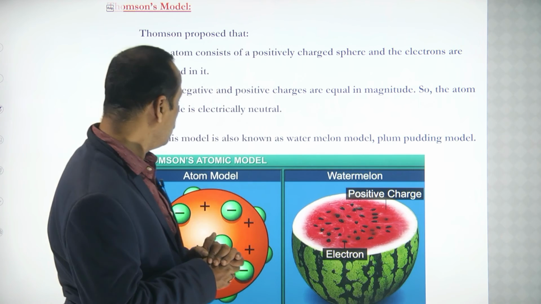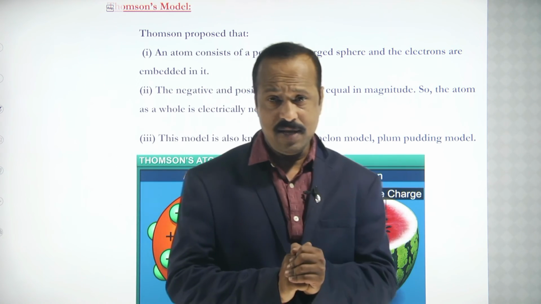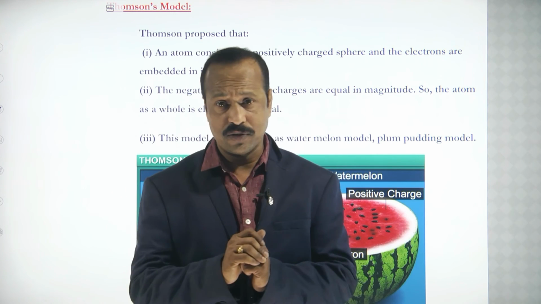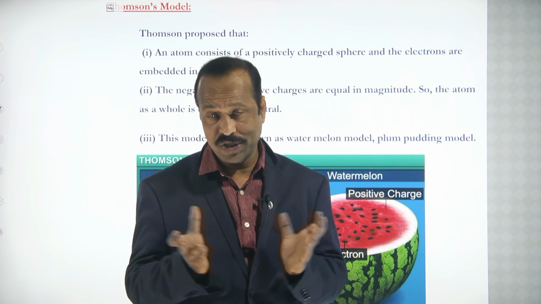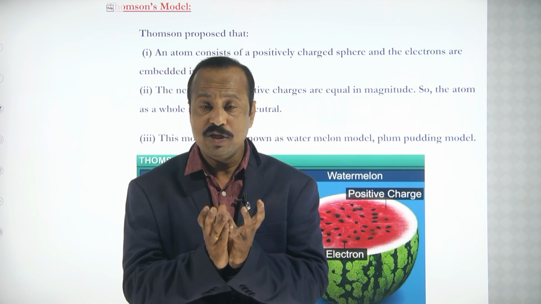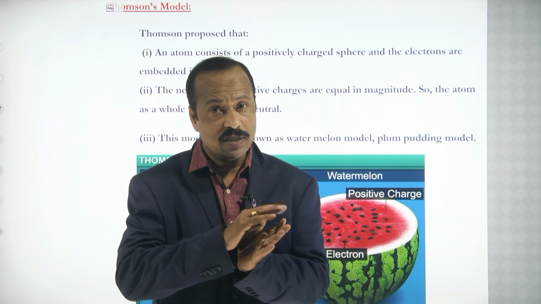So what did he expect? He discovered only electrons. He did not know about the positive charge at that time. But an atom is overall neutral. Overall neutral means it is neither positive nor negative.